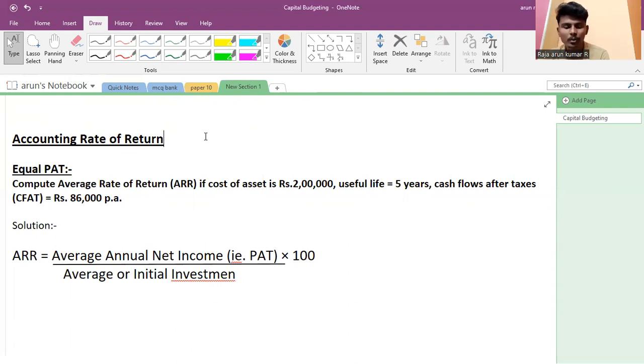What is the formula for accounting rate of return? The formula is average annual net income, this is the PAT, profit after tax.